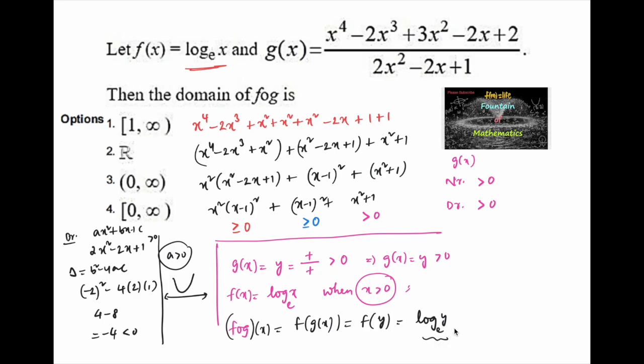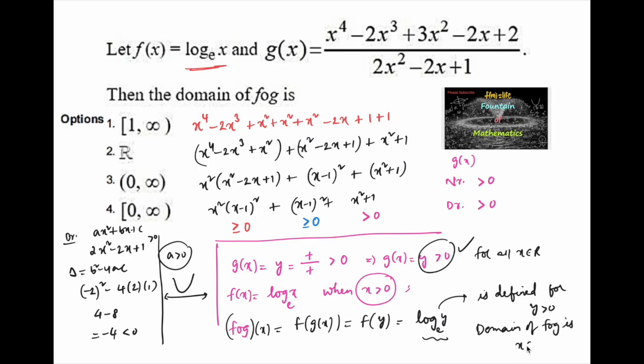And now this function is defined only for y positive. But here we can say that y is positive for all real numbers. And hence the domain of the composite function f circle g is all real numbers, x belongs to R, which is option B.